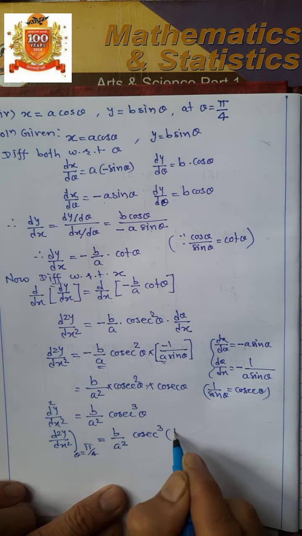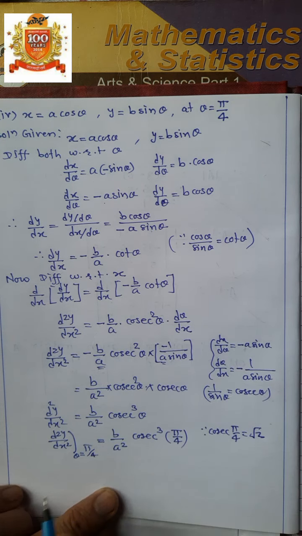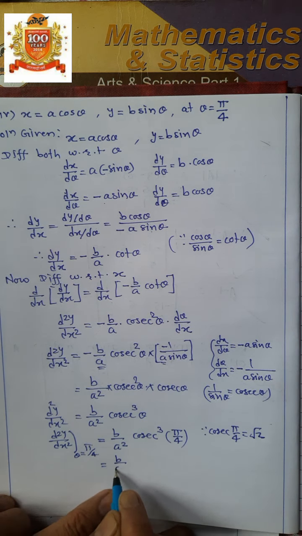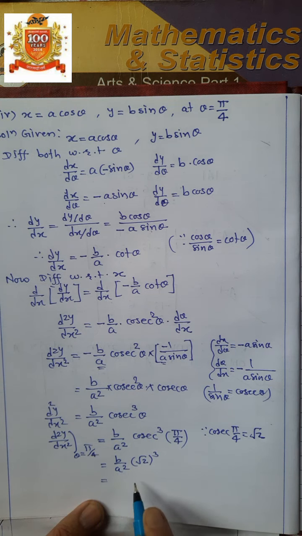Since cosec pi by 4 is equal to root 2, therefore we have b upon a square into root 2 cube, that is equal to 2 root 2.